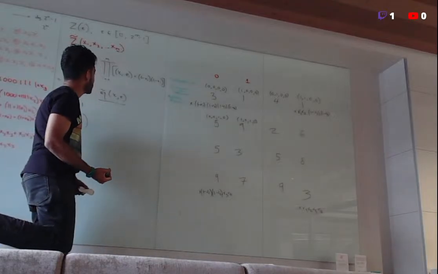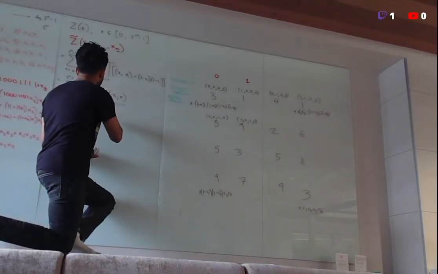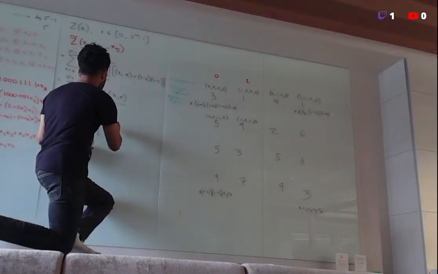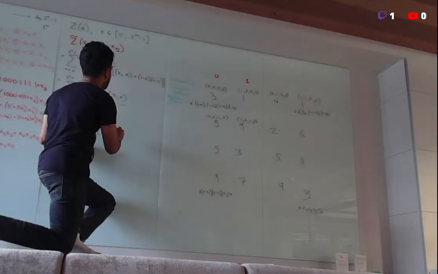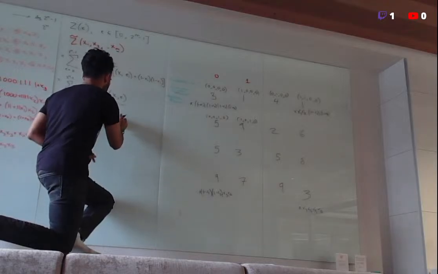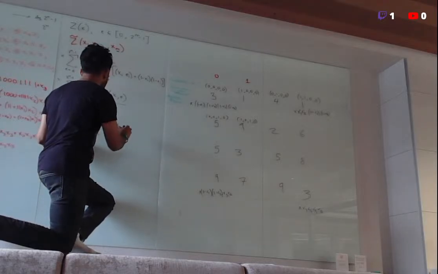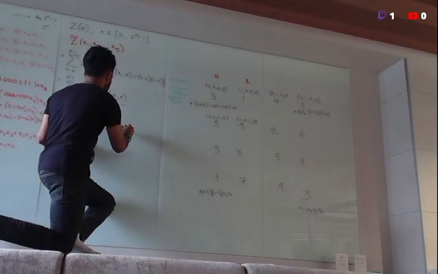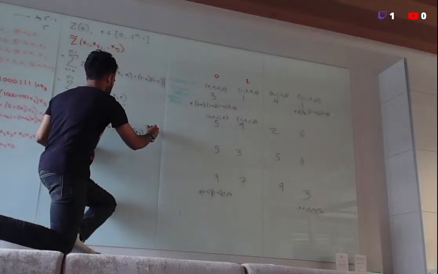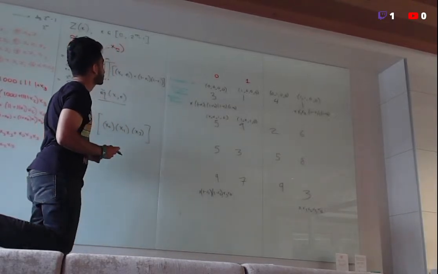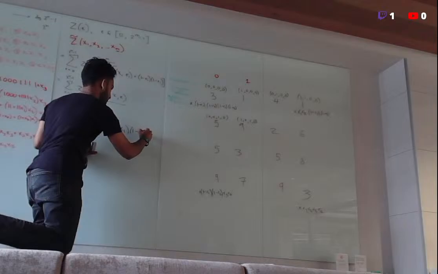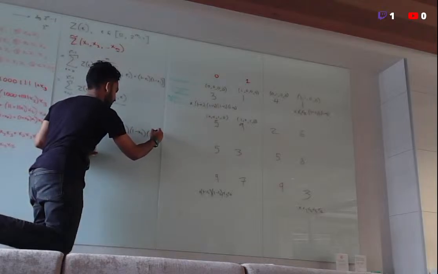So what we're going to have here is a product of x0, x1, and x3, times 1 minus x2.